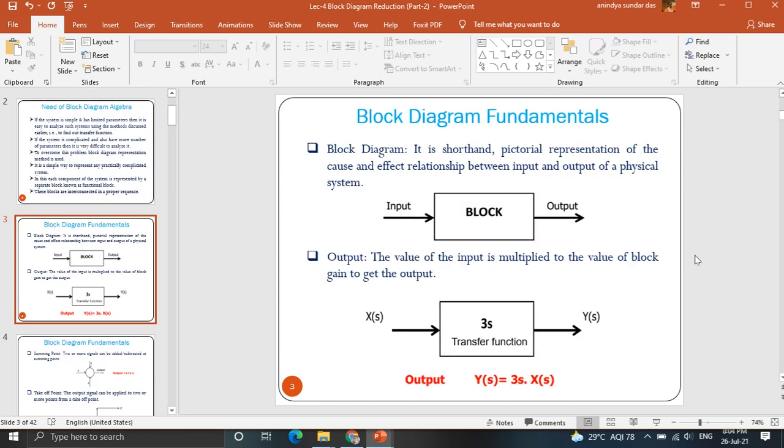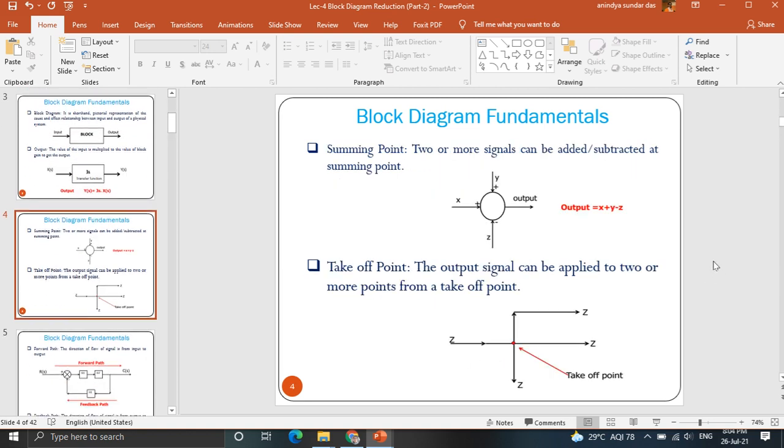For that we have seen that the output of any block is equal to the input into the block gain value, which is the transfer function. Then I told you about the summing point, where we can add many signals or subtract. A takeoff point means we can take one signal value to any other block.